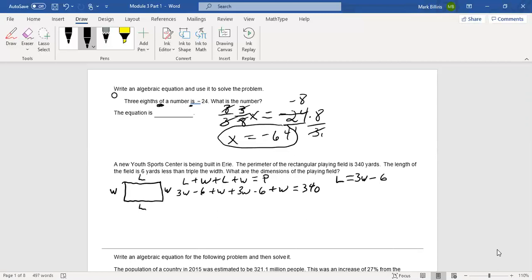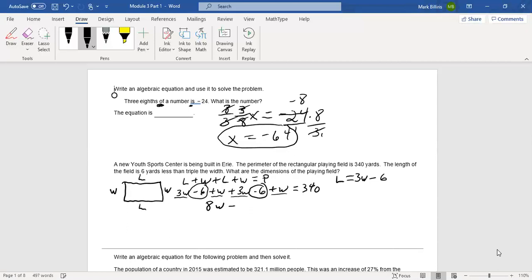So now let's combine like terms. So we have 3W plus 1W plus 3W plus 1W. So 3W plus 1W is 4W plus 3W, 7W, plus 1 more W gives us 8W. Combining our constants, we have -6 and a -6.